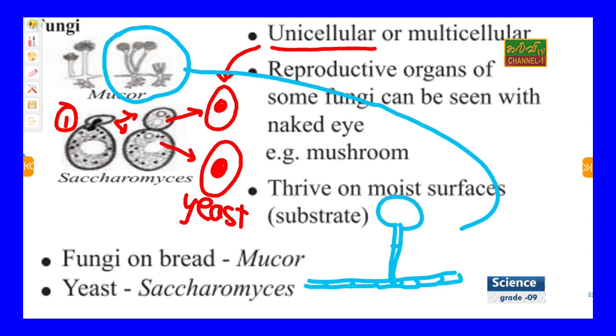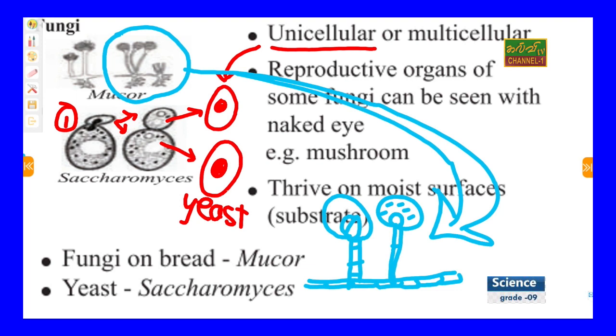Then it makes the spores, small spores. Spores mean like seeds, right? Seeds. So here you can find many cells. I am explaining what multicellular is.